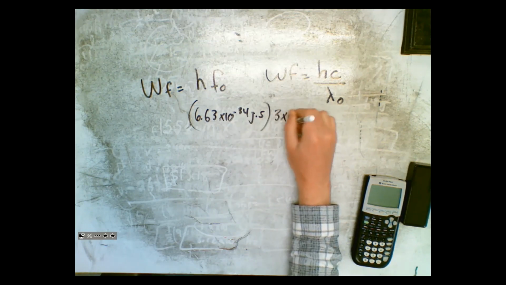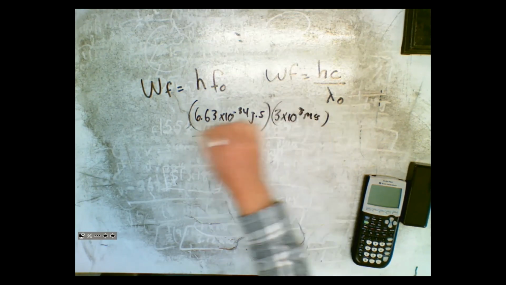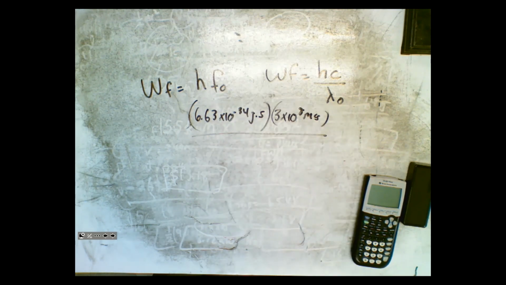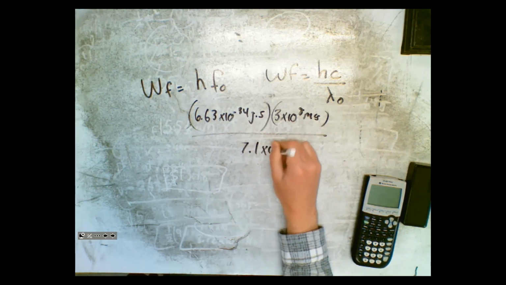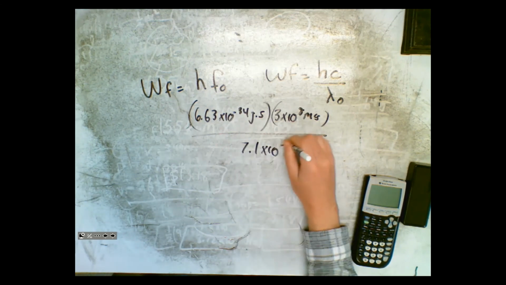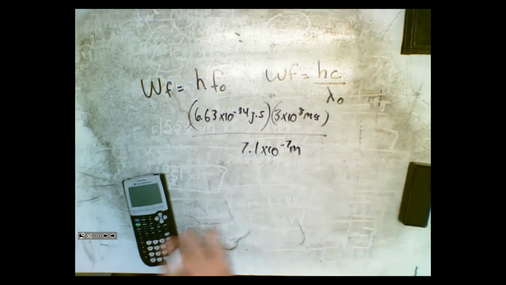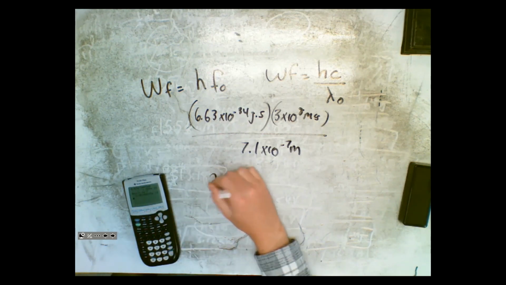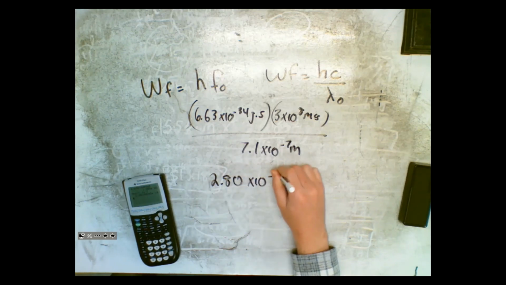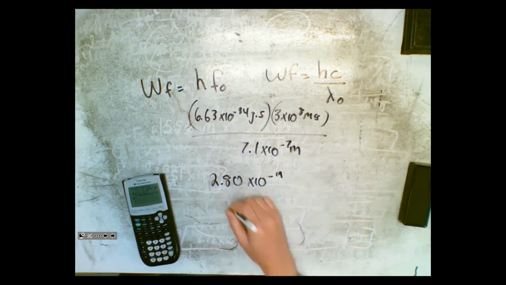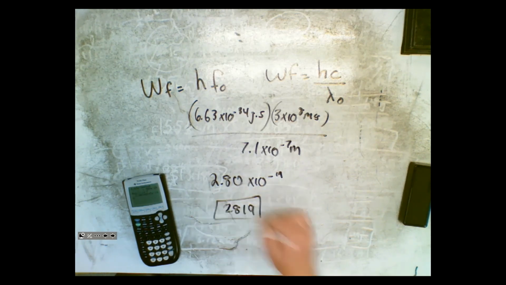The answer is wanted in joules. So we use 6.63 times 10 to the negative 34 joule seconds for h, 3 times 10 to the 8 meters per second for c, and then we put our wavelength down below, which is 7.1 times 10 to the negative 7 meters. When I plug all of that in, we end up getting 2.80 times 10 to the negative 19. So our answer would be 2.80 times 10 to the negative 19, so 2819. I'm just going to toss this pen. She's dead. I got it in the garbage can.